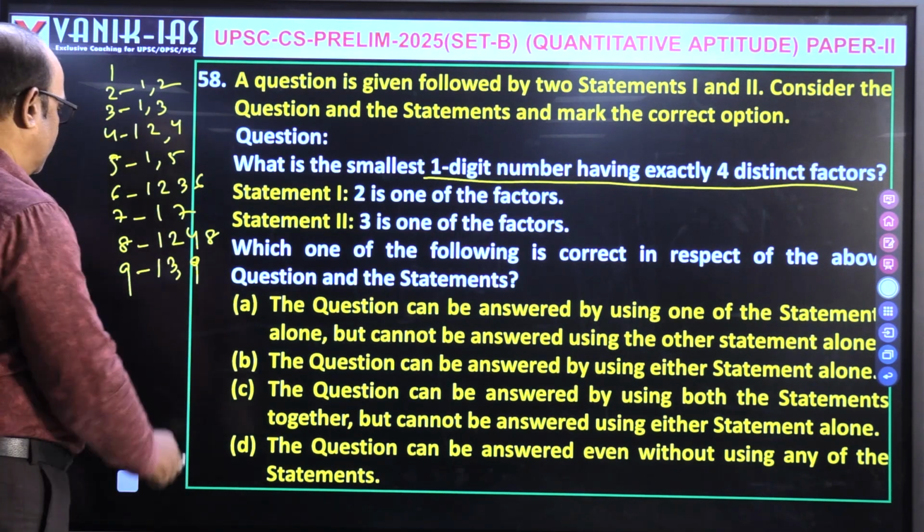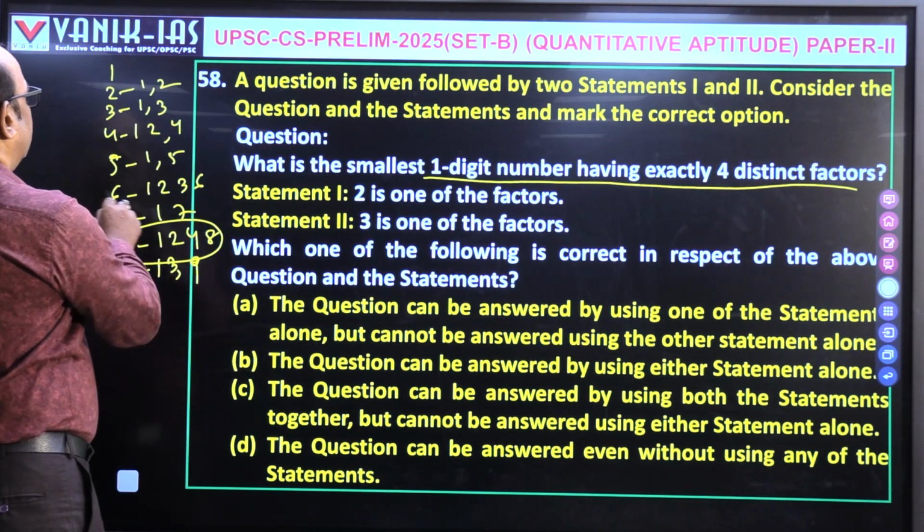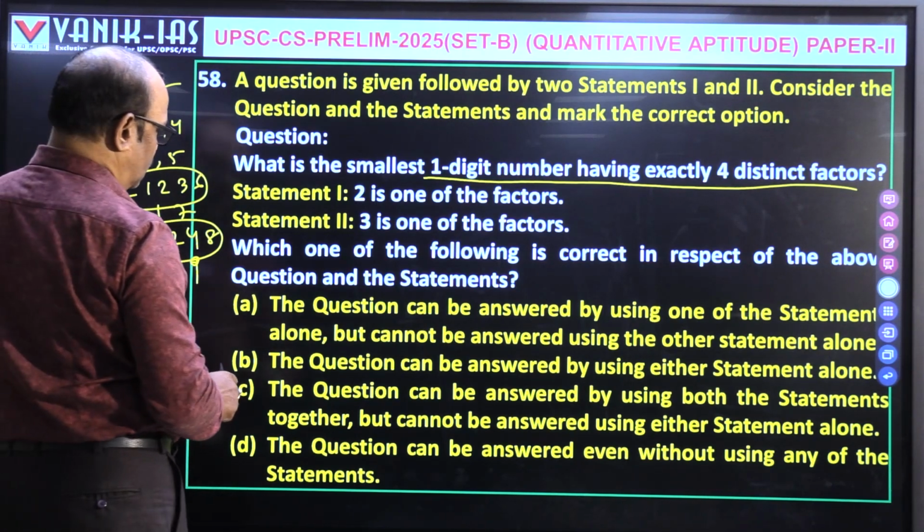It is a one digit number. So obviously from this 8 and 6 are satisfied. The options are 8 and 6.